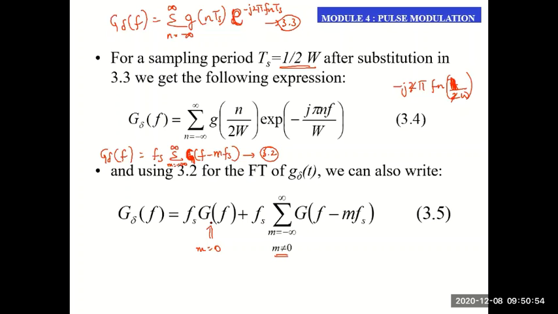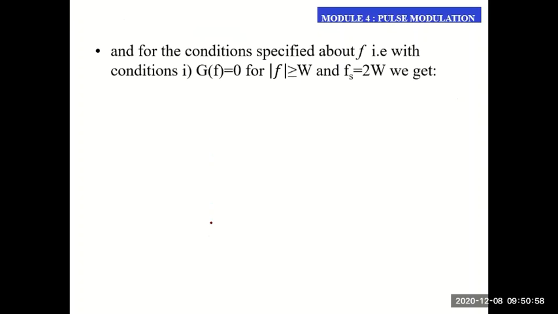We call this equation 3.5. And for the conditions specified about f, that is, G of f is equal to 0 whenever the given frequency is greater than W. How do I use this? From where did I get this?